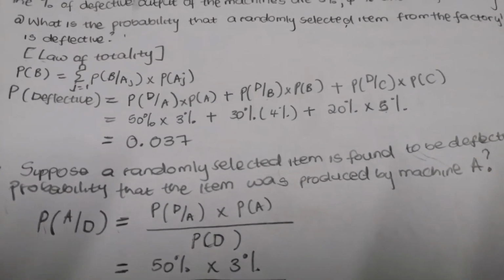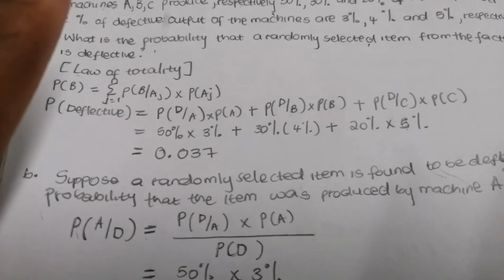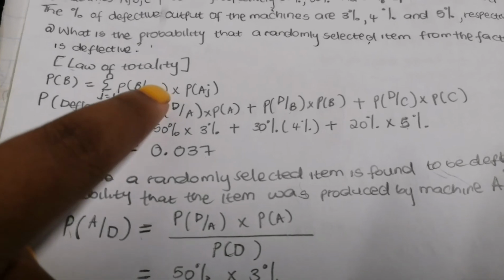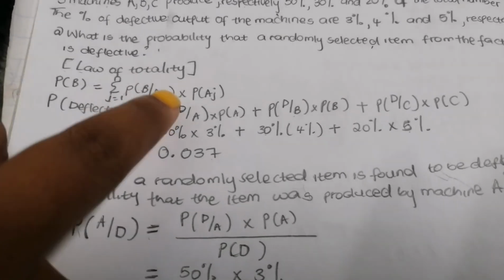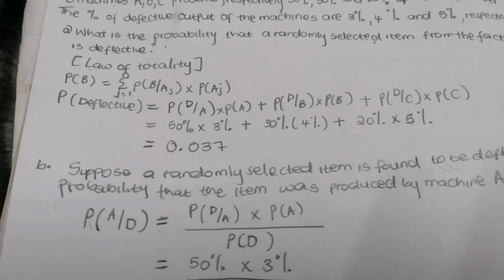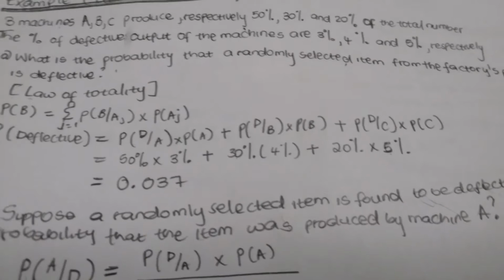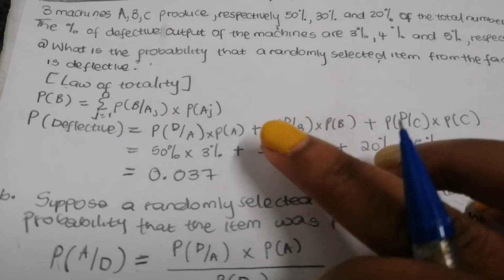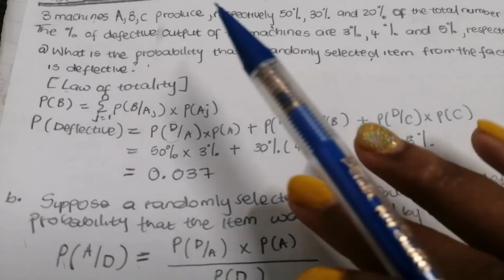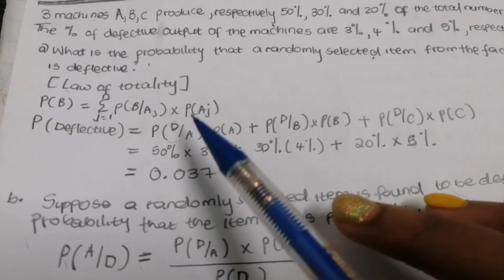To find P of defective, we are going to say it is equal to the probability of the defective items given A, so P(D given A), the probability that the item is defective and it's from machine A, right?